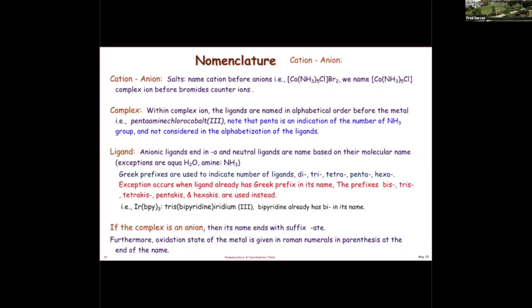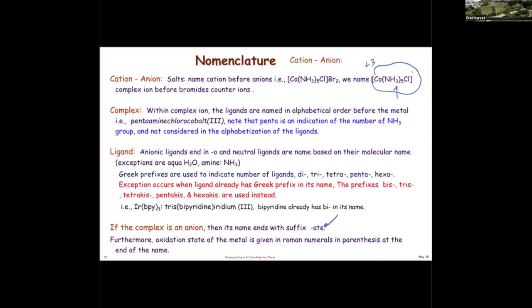If the complex is an anion, then its name ends with the suffix ate. So if the complex is an anion, let's say that this right here is a cation actually, because that's a +3 and that's a -1.